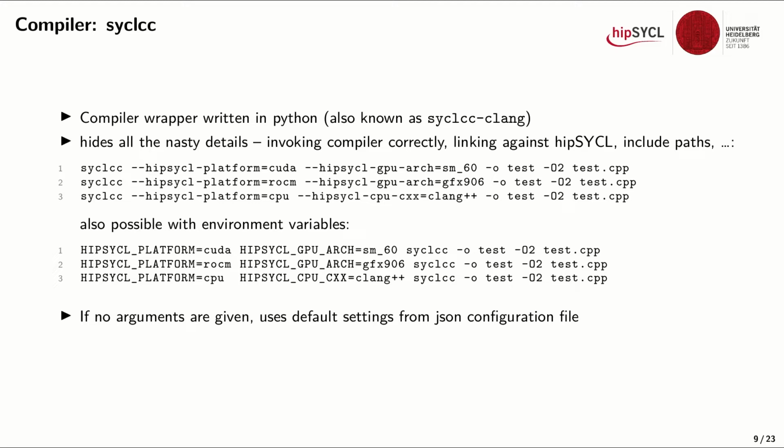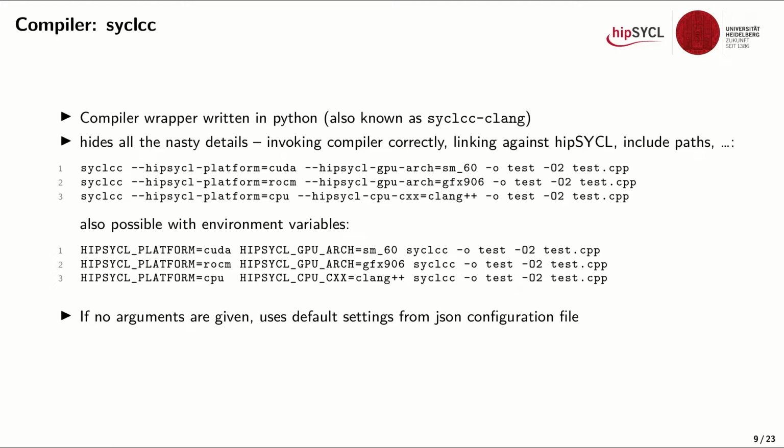And all other options that are not hipSYCL specific will just get forwarded to the underlying compiler, clang or something else in the case of CPU. And so you can still use your regular C++ compiler flags like optimization flags and so on. On CPU, there's an additional argument for the host compiler that should be used. So with hipSYCL CPU CXX, you can select which compiler you want to use to compile.